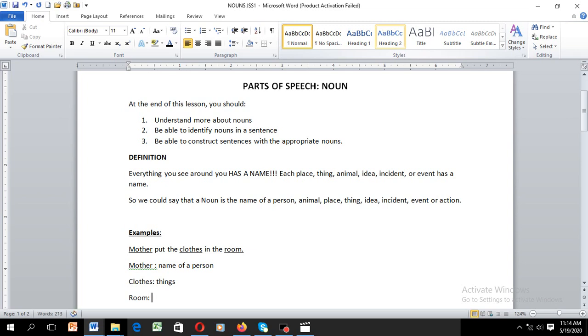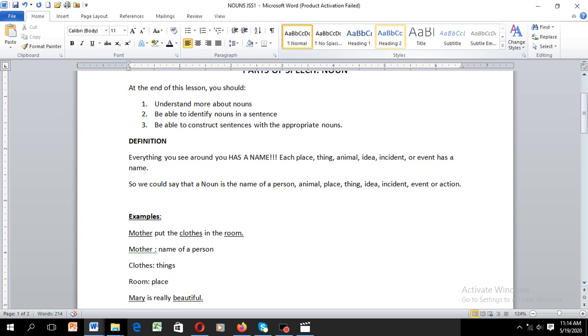Room is classified under a place. So, you see the nouns underlined in the sentence, I have brought them out for you to look at closely. Mother is the name of a person, clothes is the name of a thing, and room is the name of a place.